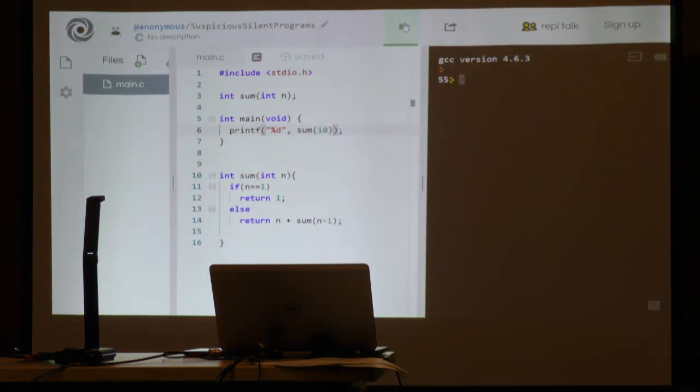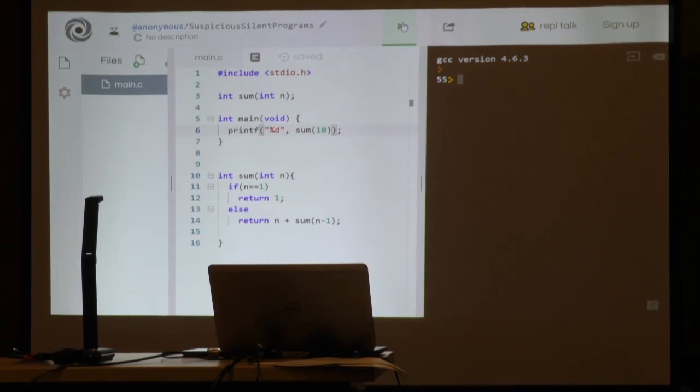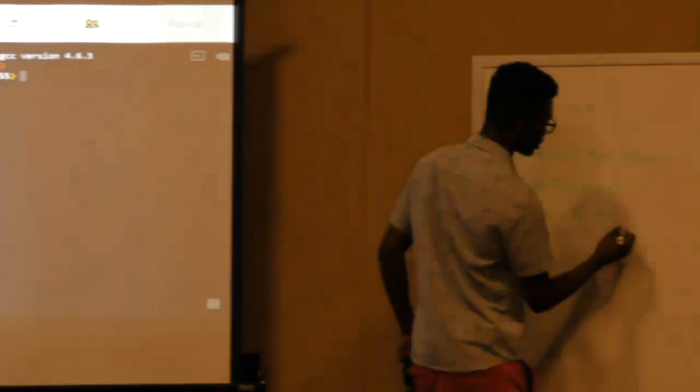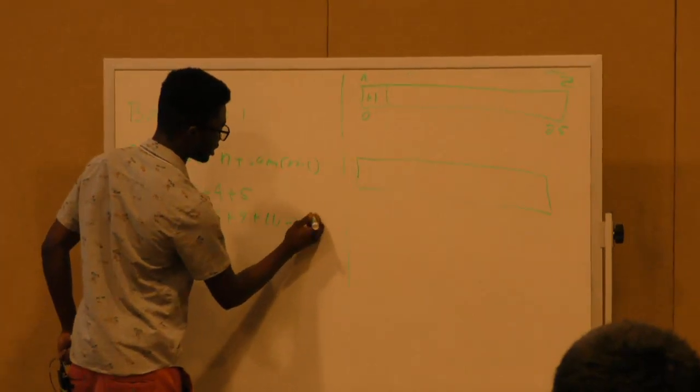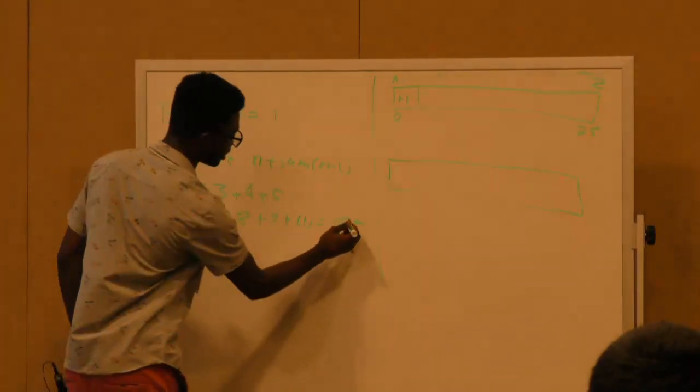So 1 plus 2 is 3, plus 3 is 6, plus 4 is 10, plus 5 is 15, plus 6 is 21, plus 7 is 28, plus 8 is 36, plus 9 is 45, plus 10. That is indeed 55.